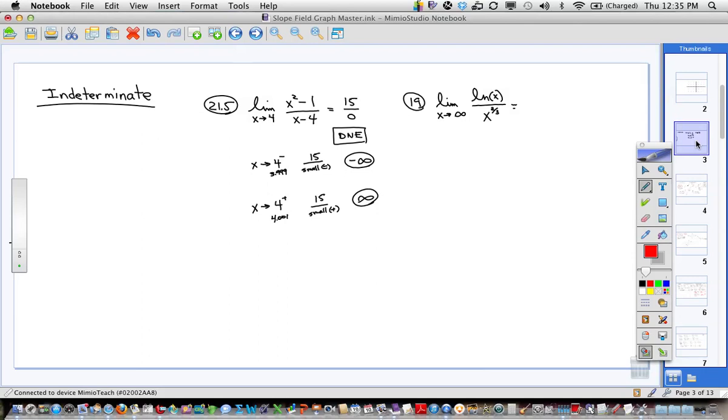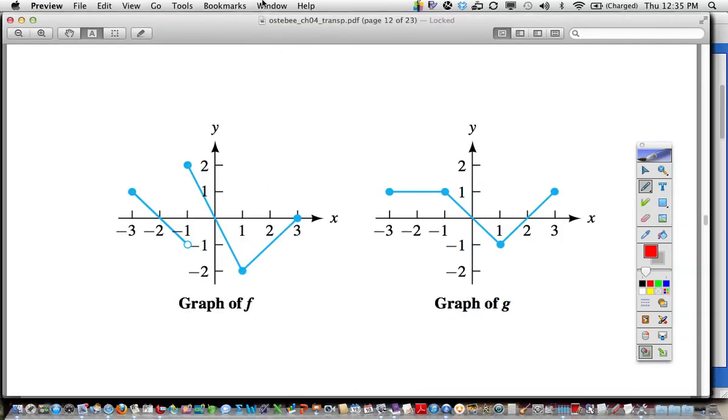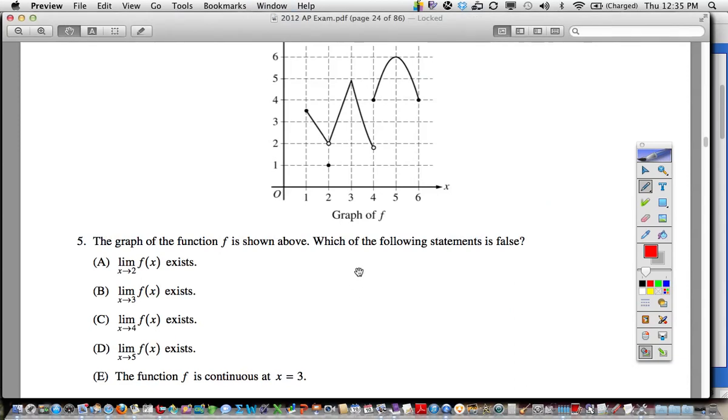Now, that's a good lead-in, though. I've pulled out a problem here from an old AP test that I wanted you to look at. Okay, this question right here. Everybody take a look at this and see if you can answer it. Okay, it's a multiple choice from a recent AP test.